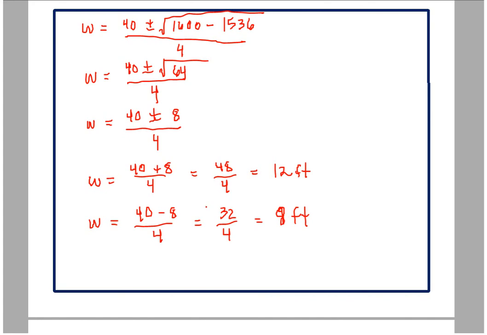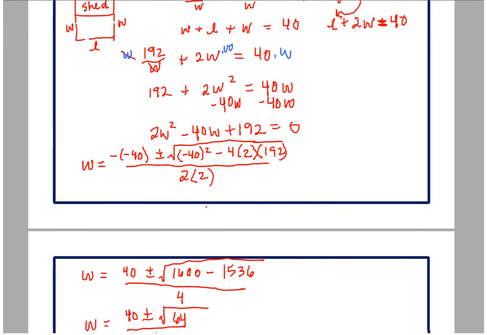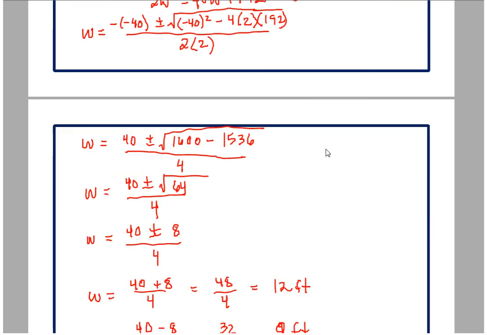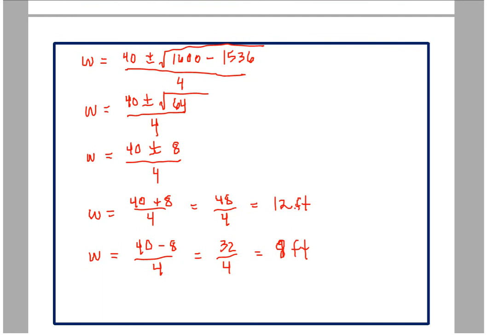Now to find the length, let's go back up here. We know that length times width equals 192. So when we know that the width is 12, we go 192 divided by that, and that will give us the length. So 192 divided by 12 is 16.